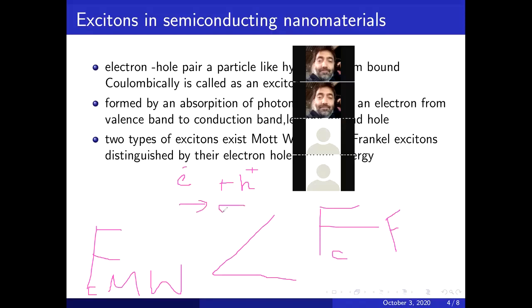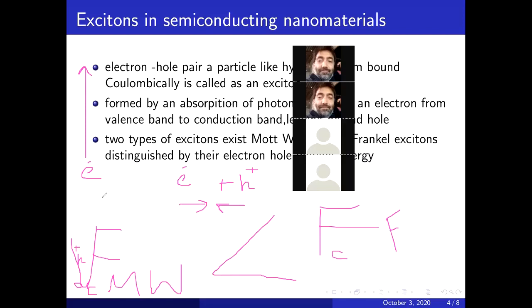Whereas when the force is weak, like in the case of Mott-Wannier, then maybe the electron is so free that it has no relation with the hole. It can move very, very far away from the hole. And the hole is similarly so free from the electron that it can go anywhere. It has its independent identity. It lost the joint identity.